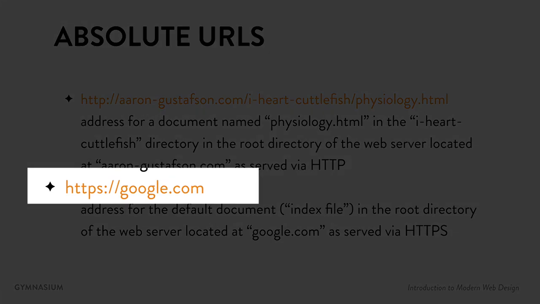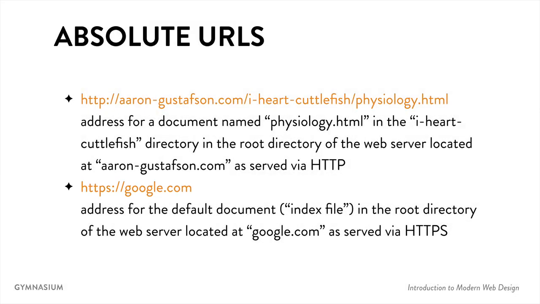Similarly, I can reference google.com within HTTPS, which is secure HTTP, and that would point to whatever the index file is that's defined by the server. That might be index.html, it might be index.php, default.asp.